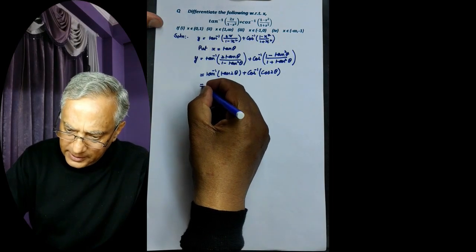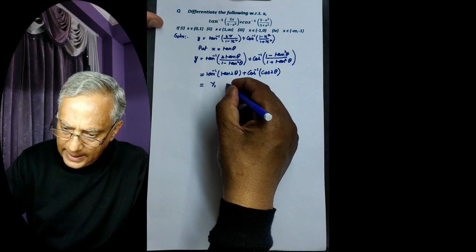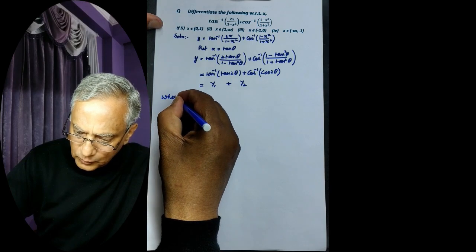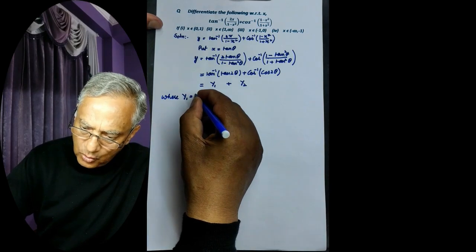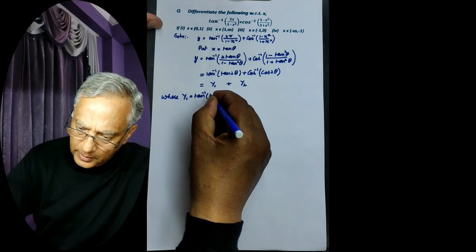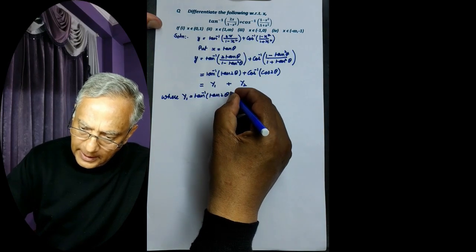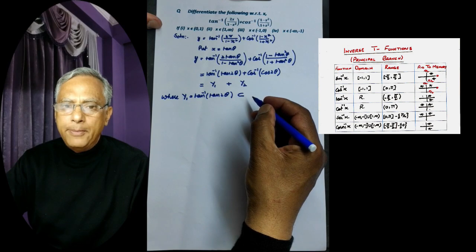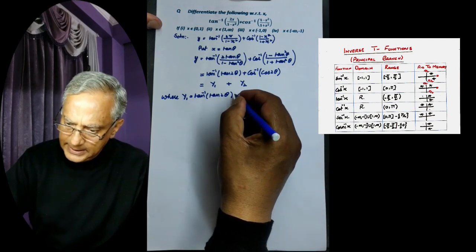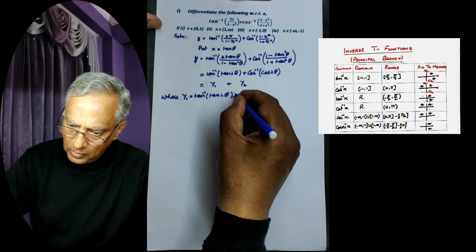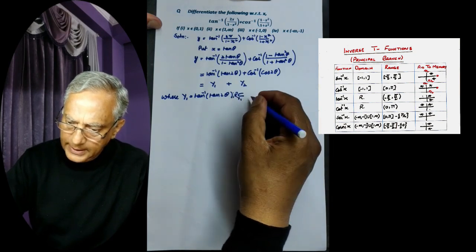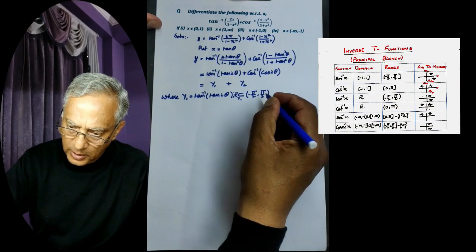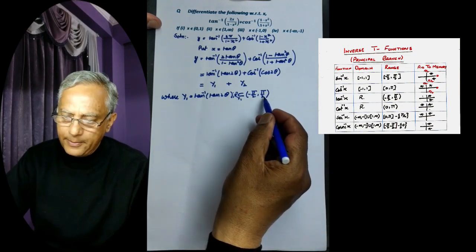Now what we do is let this be equal to y1 and this be equal to y2, where y1 is equal to tan inverse of tangent 2 theta, and the range of y1 is a subset of the range of tangent inverse, which is minus pi by 2 to pi by 2.